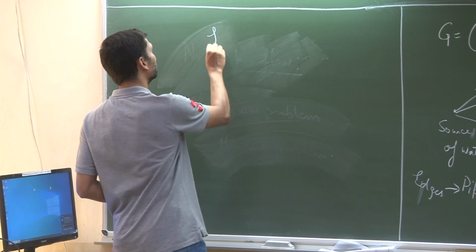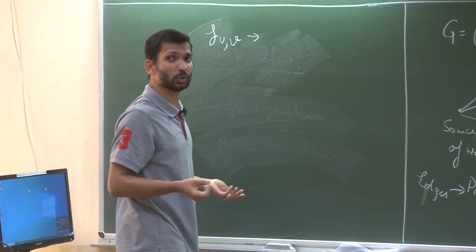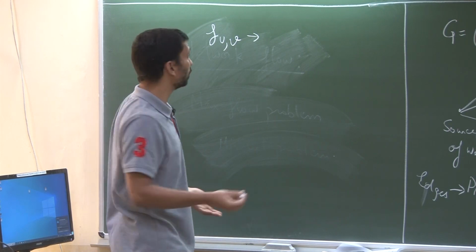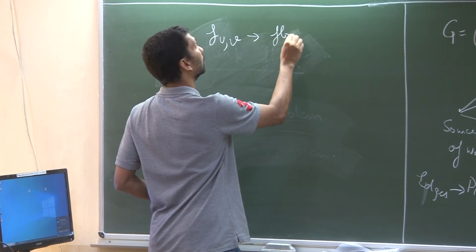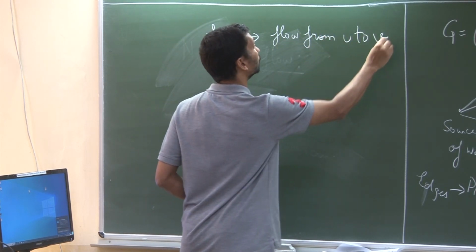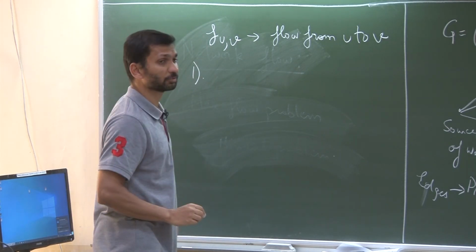We just need the variables f_uv. What does f_uv denote? Flow from u to v. Right? Then what is my first constraint saying?